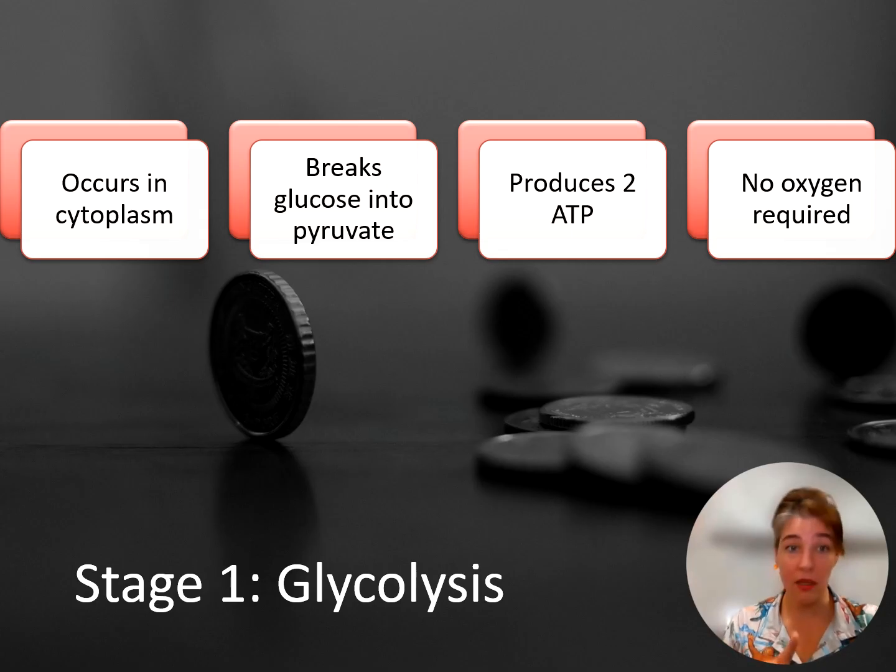You begin with 1 glucose molecule, which is a sugar with 6 carbons. It breaks down. That glucose gets split into 2 smaller pieces called pyruvate, and each pyruvate has 3 carbons. Energy input and output. So you have to spend 2 ATP at the start to make this reaction happen.